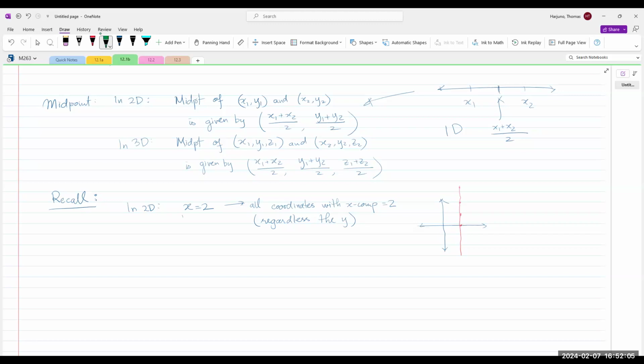We see that this is x equals 2, missing the y variable. Then the graph will be parallel to the y-axis.